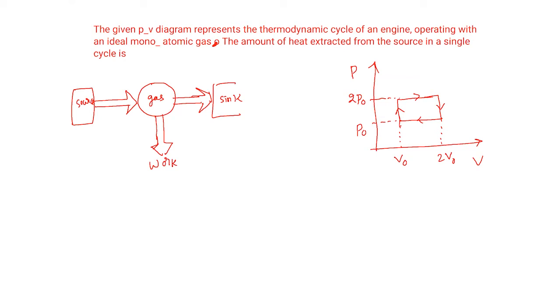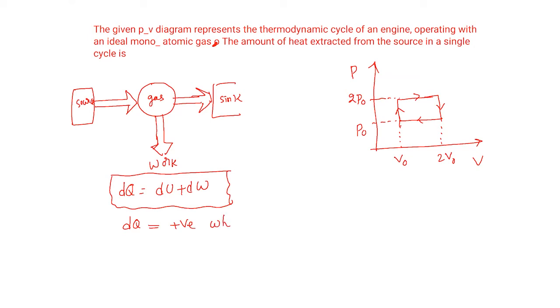Now, you have to understand the first law of thermodynamics. Here itself, I am giving the formula and concepts. Don't worry. dQ is equal to dU plus dW. Am I correct, children? This first law of thermodynamics is a consequence of the law of conservation of energy. Now we talk about dQ. dQ will be positive when we supply heat to the gas, to the working substance.